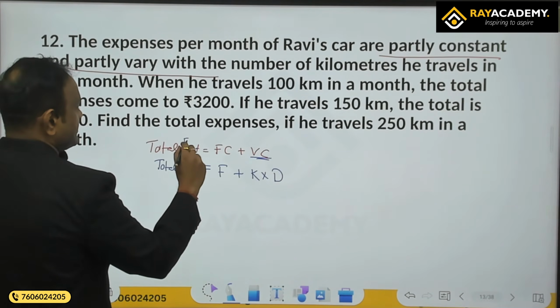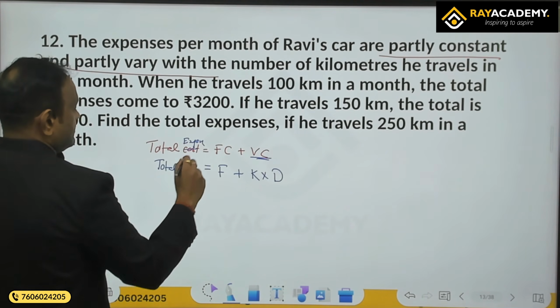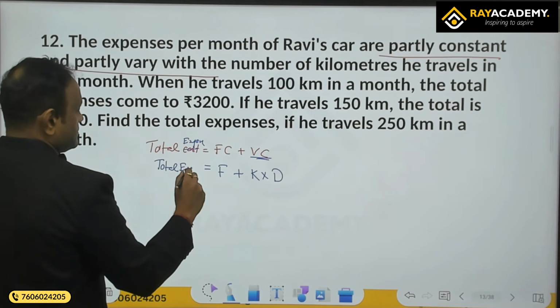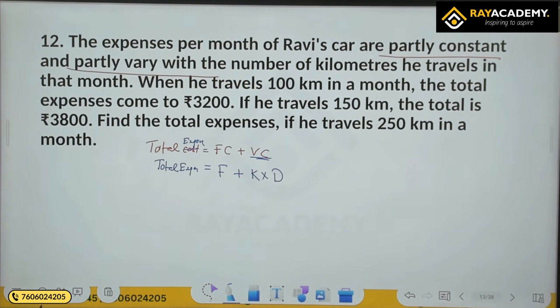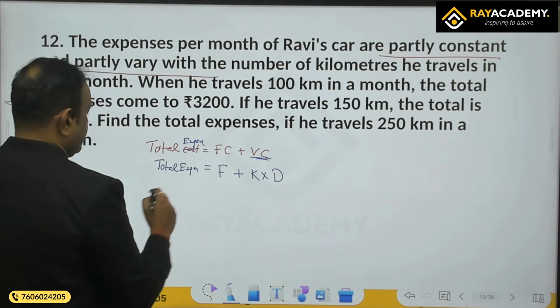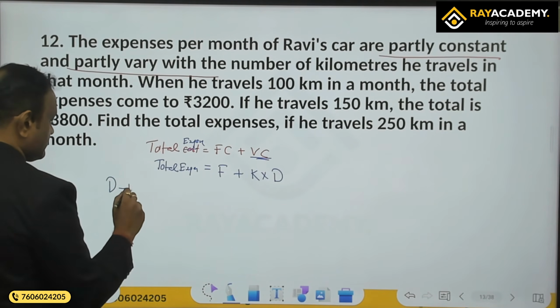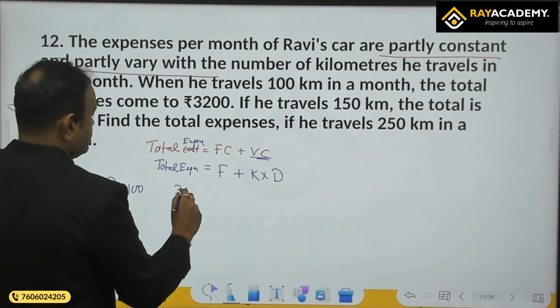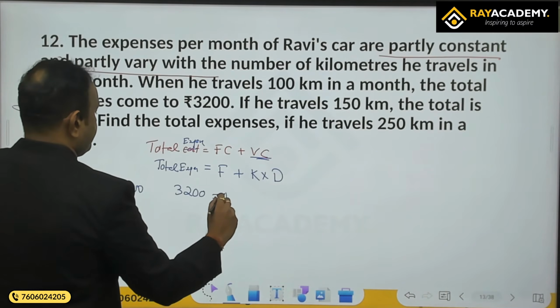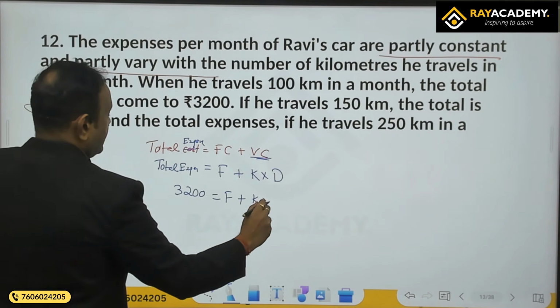When d equals 100, total expense will be 3200 equals f plus k into 100.